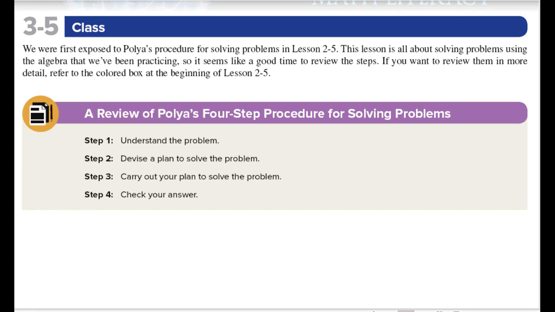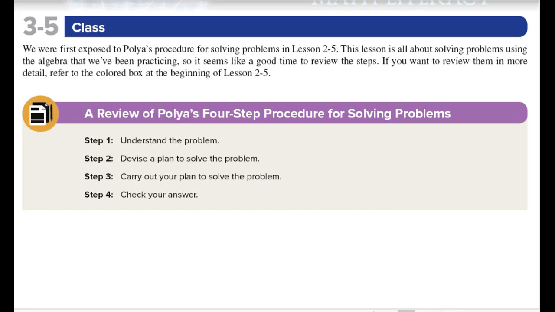Steps in problem solving. First of all, understand the problem, and that really has several sub steps. First of all, read the problem. Identify what the problem is asking you to solve. That's part of understanding the problem. Identify the question that it's really asking. What is the quantity you have to calculate?